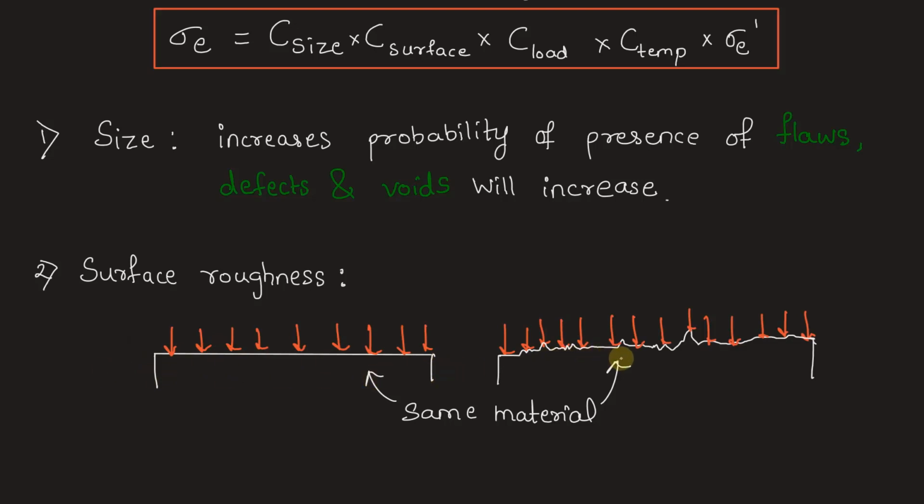In the second case, there are many highs and hollows, and there are points where the stress might concentrate. There might be a higher value of stress at certain points compared to other points. Stress concentration is the primary reason why surface roughness increases the chances of failure, and hence there will be a decrease of the endurance strength that we are going to modify.